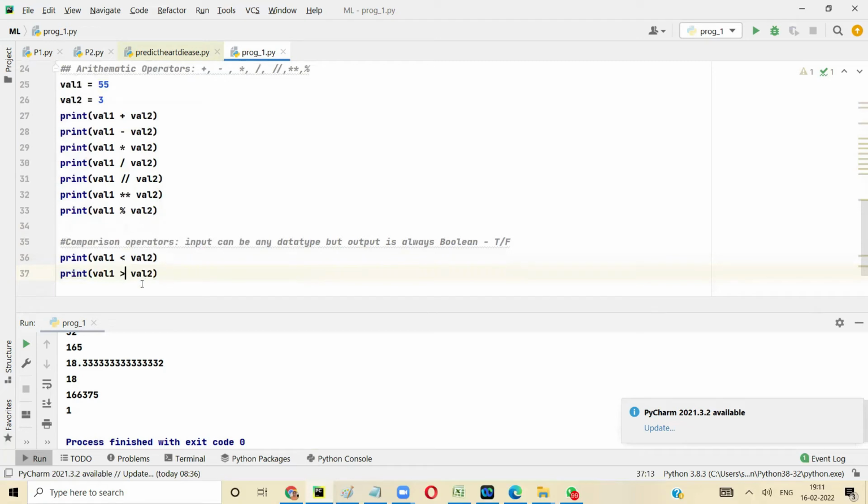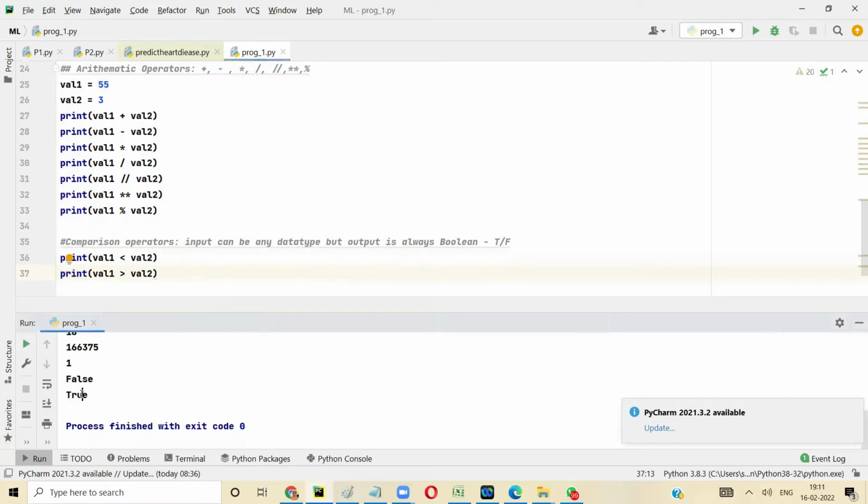Here, value 1 greater than value 2. True or false? True. Value 1 is 55. 55 is greater than 3, isn't it? So you get true for greater than.